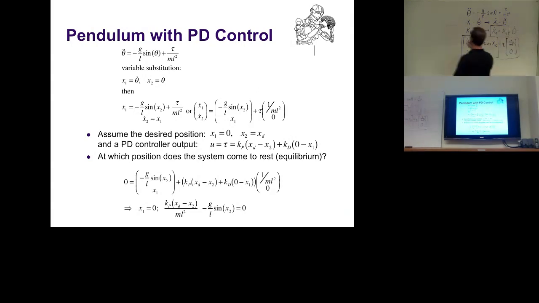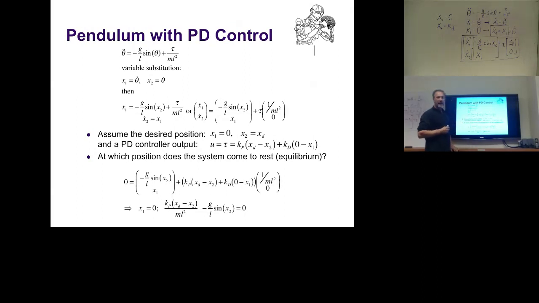So we can write this here just for a moment. x1 is supposed to be 0, the velocity, x2 is supposed to be x desired. And we want to create a PD controller to get us there.